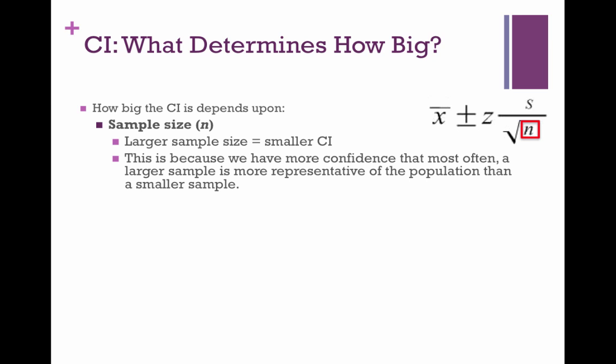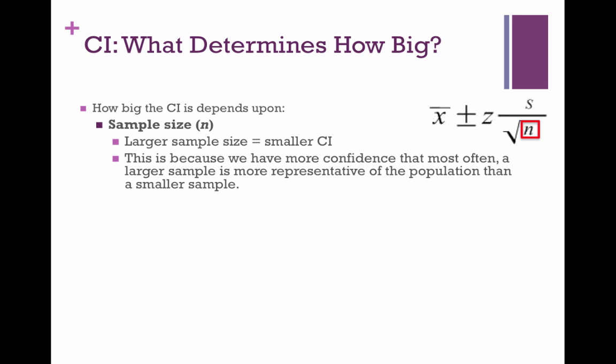The bigger our sample size, the smaller our confidence interval, because we have more confidence that a larger sample is more representative of the population than a smaller sample. That makes sense. If you only have 10 people in your sample out of a population of 300 million, compared to a sample of 10,000 or 1 million, the bigger the sample size, the more they're going to look like the population.